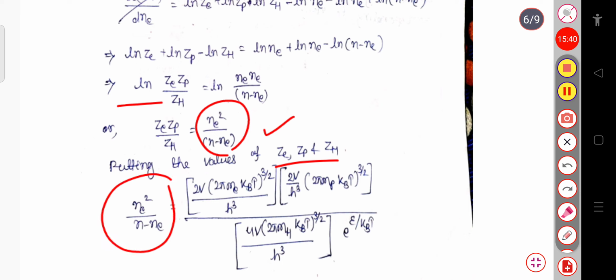Ne square divided by N minus Ne will be equal to 2V into, in place of Zd, 2 pi me kBT power 3 by 2 divided by h cube, into, for Zp, 2V by h cube 2 pi mp kT power 3 by 2, divided by, for the Zh, 4V 2 pi mh kBT power 3 by 2 divided by h cube into exponential e by kT.